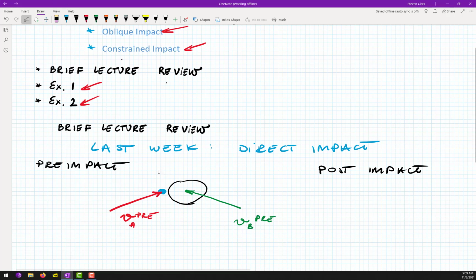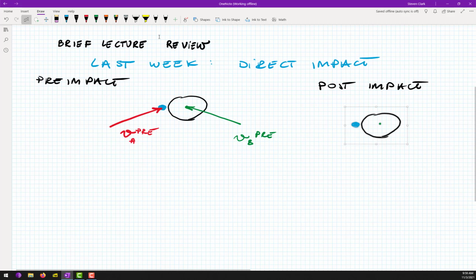So our goal is to just find the situation post-impact. We don't know velocities post-impact. So how do we do it? We just project these two velocities on normal direction, so this direction, and tangential direction.